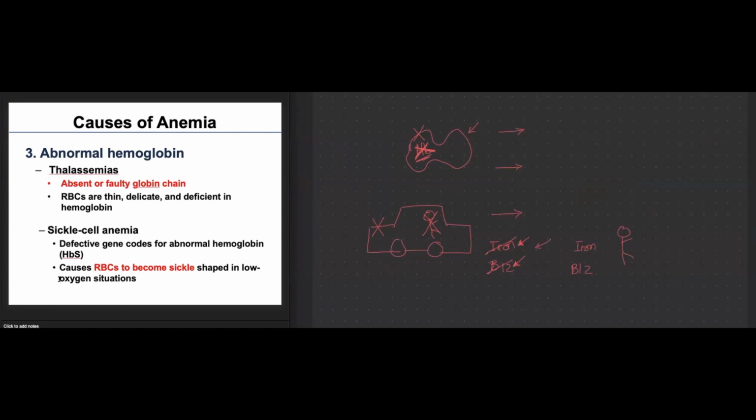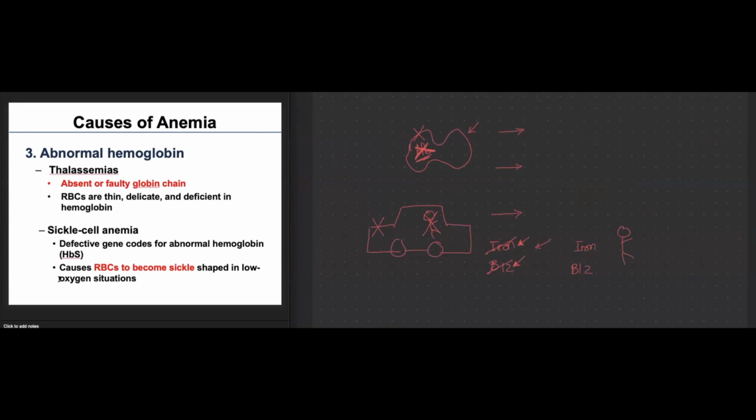So you see on here, three main sets of reasons. I have either a low number of red blood cells, I don't have enough cars, or I'm producing defective cars, or the cars will be breaking down earlier than expected. I don't have the ability to build up hemoglobin. I don't have iron, I don't have B12 to build up the hemoglobin.